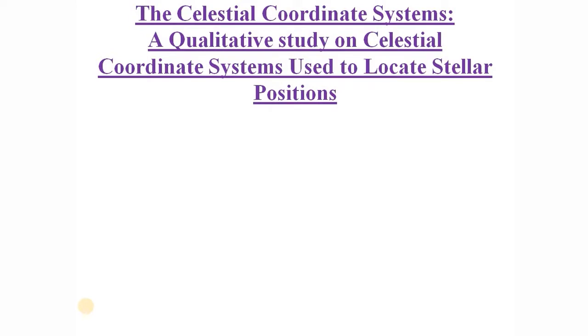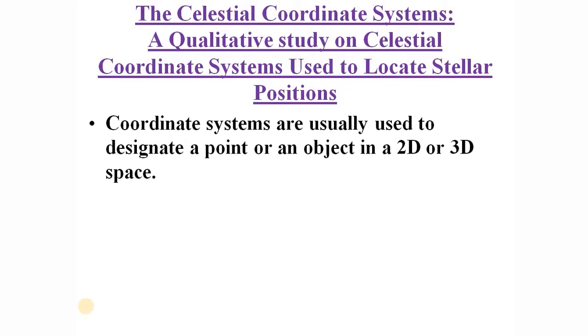As you know, coordinates are used to locate objects or points. In ordinary mathematics, coordinate systems are usually used to designate a point or an object in a 2D or 3D space.